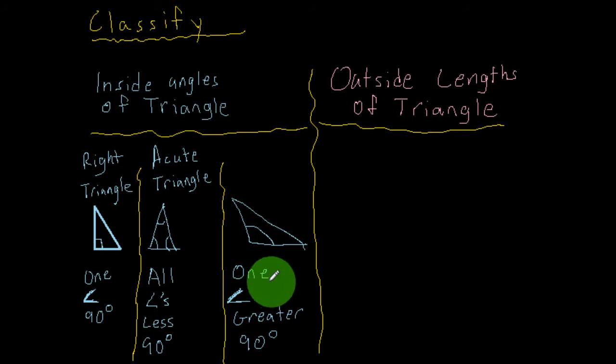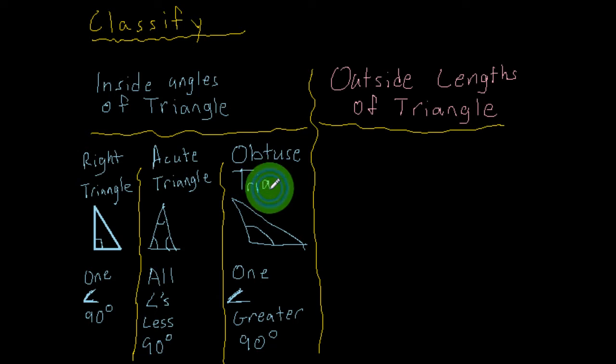So when you have angles that are greater than 90 degrees, they're called obtuse angles. So this is called an obtuse triangle. Obtuse, O-B-T-U-S-E. Okay, so that's how we classify triangles based off of the interior measures or the inside angles of those triangles.